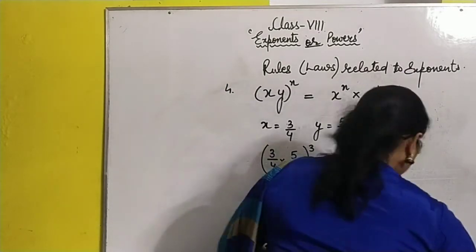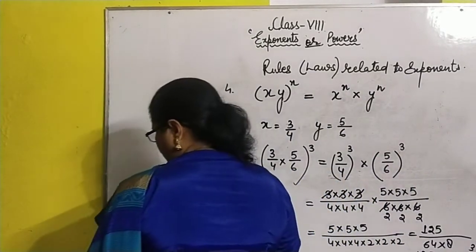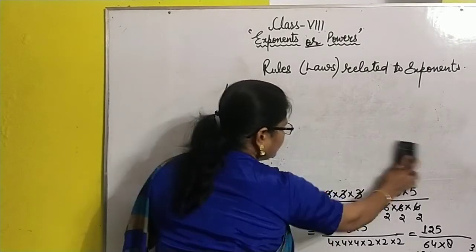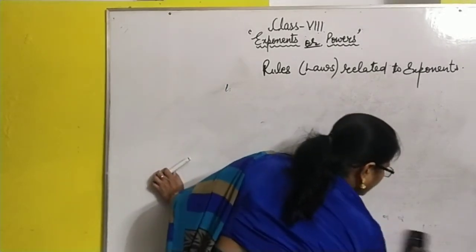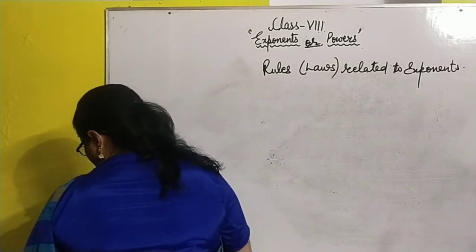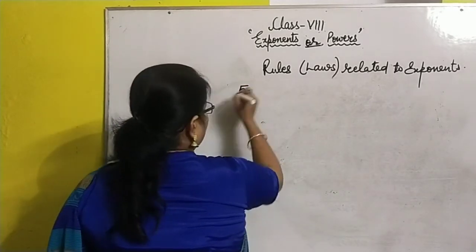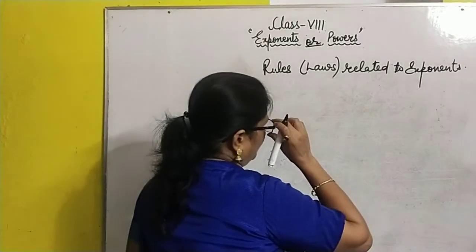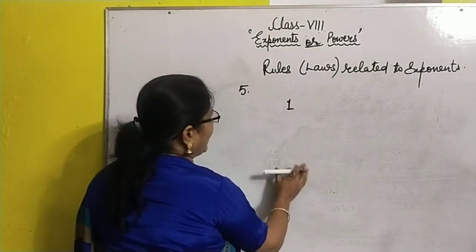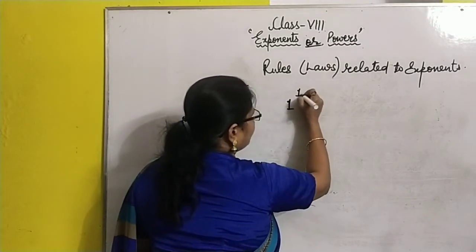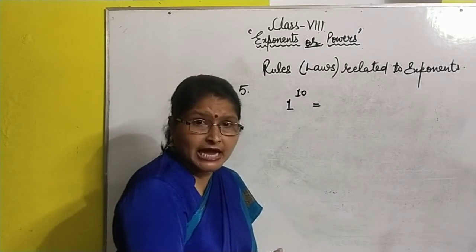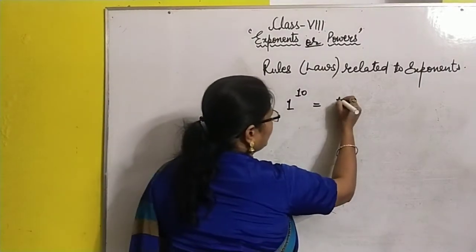Okay, now I am taking another rule, and the rule is very easy to understand and very easy to learn. That is rule 5. Suppose you have one base that is 1, and the power of this 1 is 10. What will be the answer? The answer will be 1.